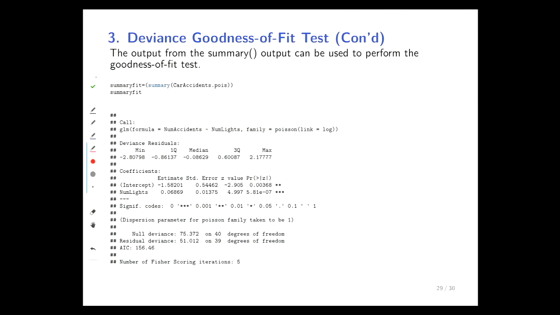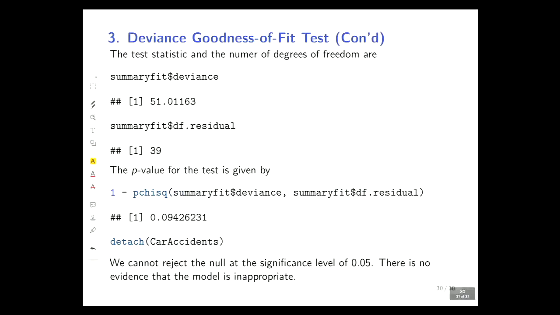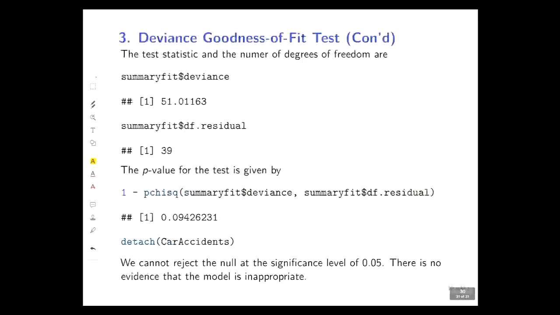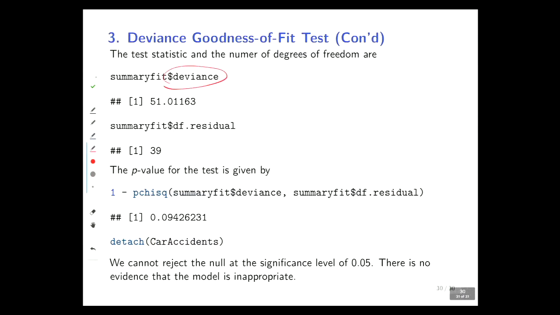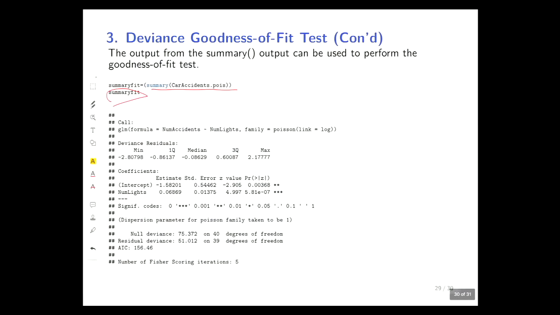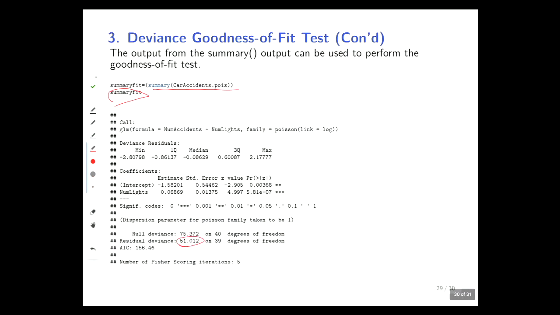Firstly, use the summary output to obtain this summary result. And in this summary result, you need to call the deviance. So if you use this summary result deviance, you will obtain the model deviance. So this is the residual deviance, and it is the deviance of the model.